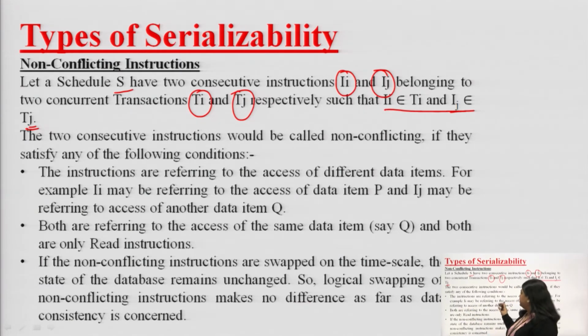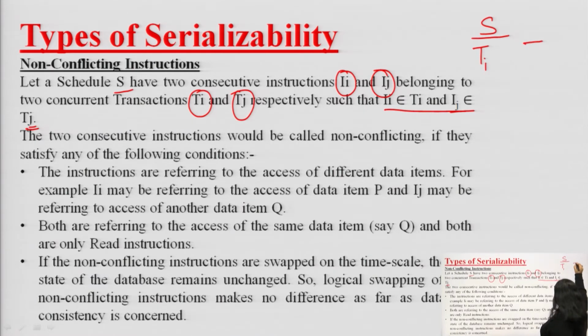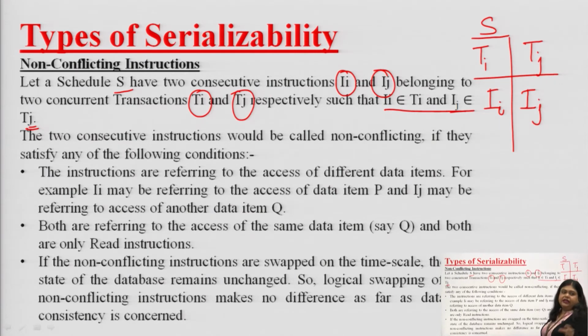What are these conditions? First, the instructions are referring to the access of different data items. Try to understand that this is a schedule S, and we have two transactions Ti and Tj. Both transactions have instructions Ii and Ij, and there are data items.